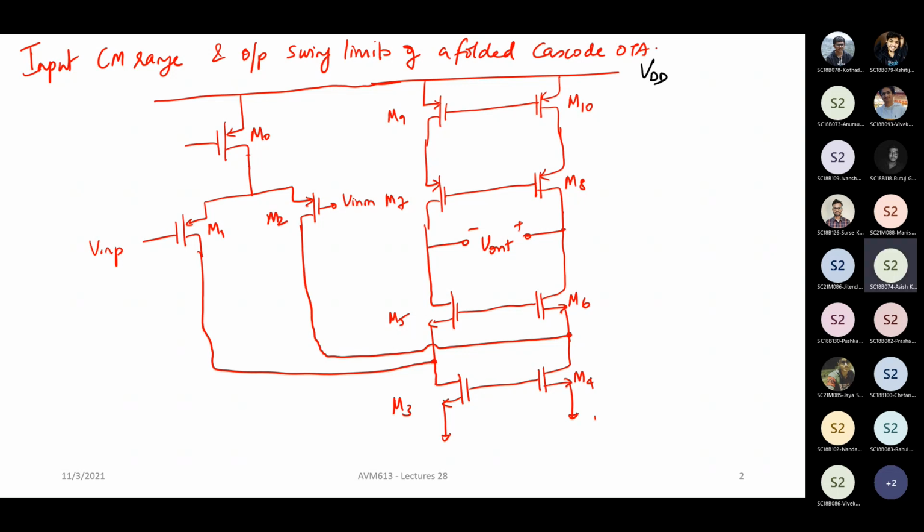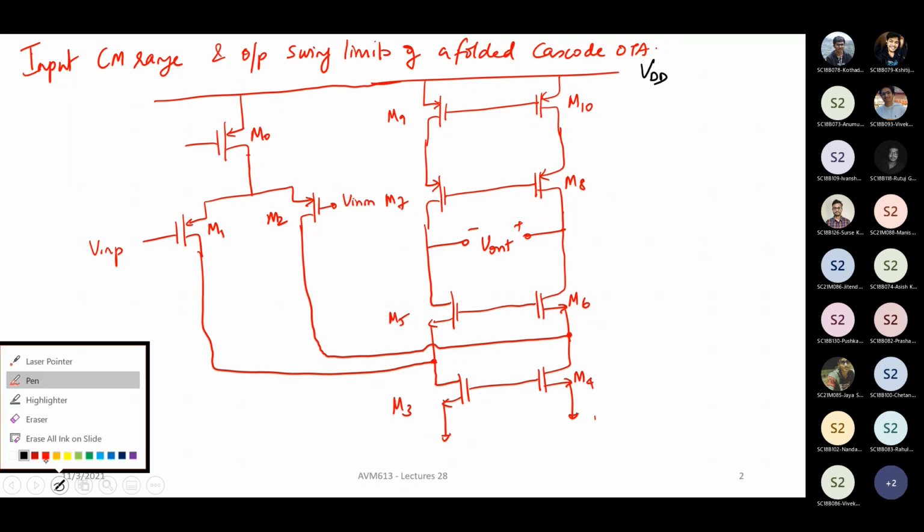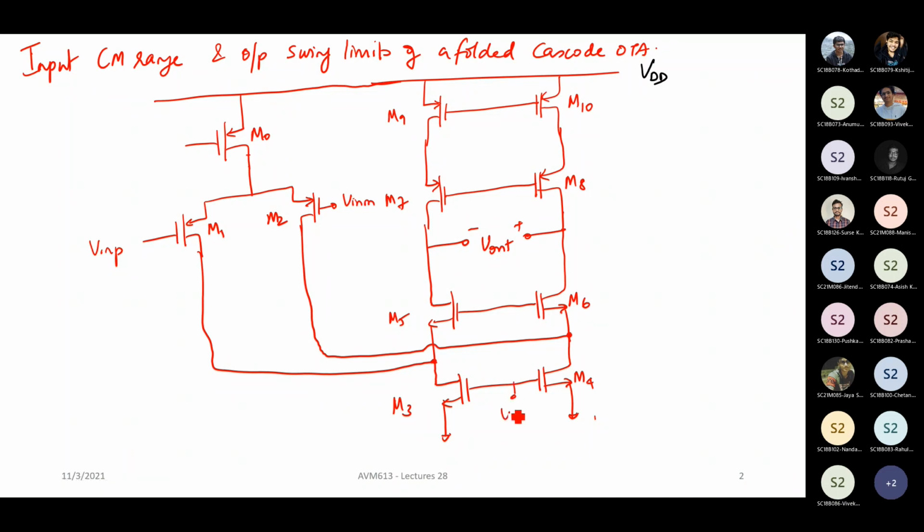The bias voltage of M5, M6. Let me indicate these things also. Let's call this VB tail, and let's say this is VB1, VB2, VB3, and VB4.